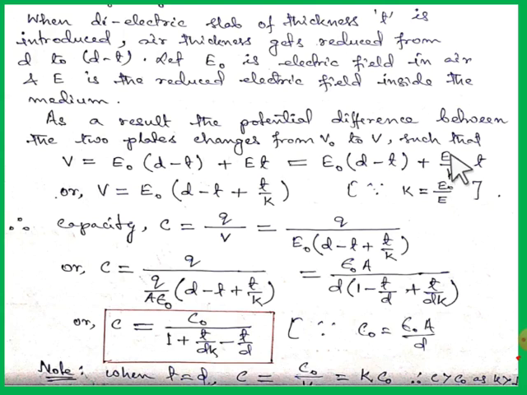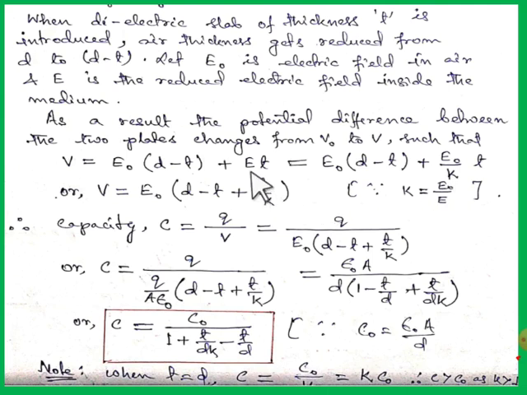We can express this E in terms of known quantities. We know the external electric field, we know the dielectric constant of that dielectric medium, so we can replace E by E naught by K. Why? Your dielectric constant K is defined as the electric field in vacuum to the electric field in that medium, right?